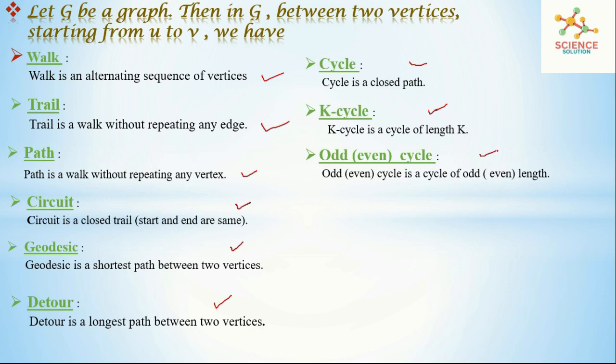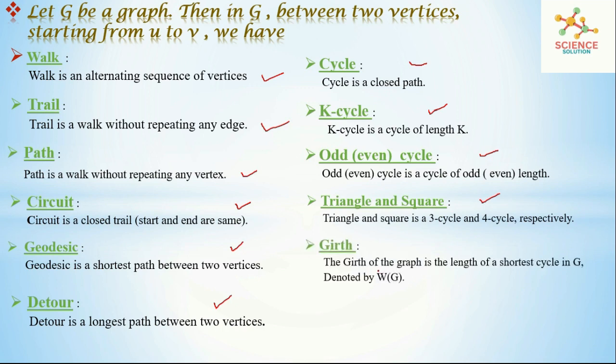An odd or even cycle is a cycle of odd or even length. Triangle and square are a 3-cycle and 4-cycle respectively. Girth. The girth of the graph is the length of a shortest cycle in G, denoted by g of G. Length. Length is the number of edges in a walk.